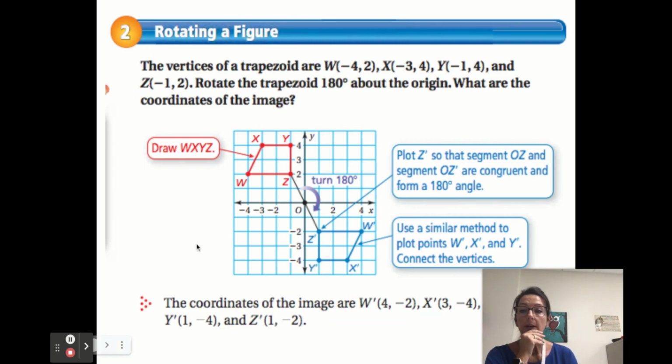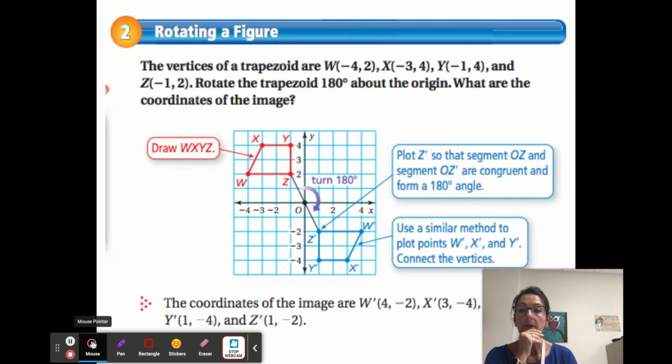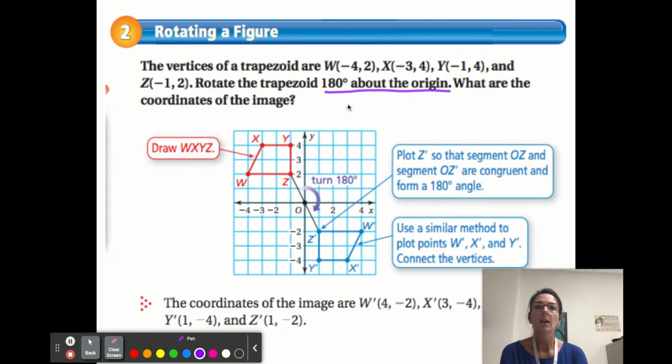And so for a 180-degree rotation about the origin, the notation would be: we would have our original x comma y, and that would go to -x, -y.